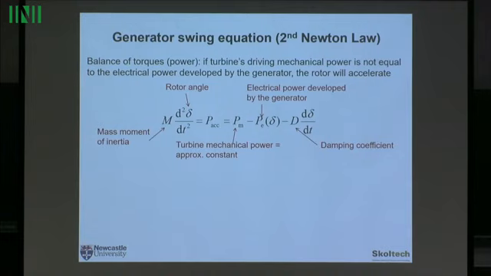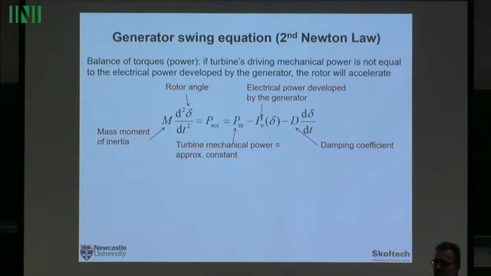If there is a disturbance, there will be a second-order differential equation, Newton's second law. The mass moment of inertia multiplied by the second derivative of the rotor angle will be equal to the difference between mechanical power and electrical power minus damping power. So this is the rotor angle, and the mass moment of inertia. Pm is the turbine mechanical power, and we assume that it stays constant because we are talking about changes over a second.